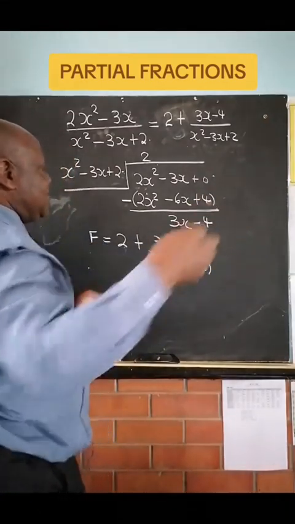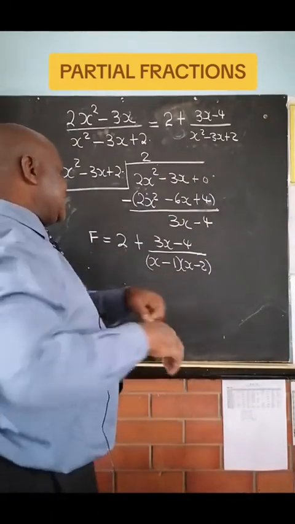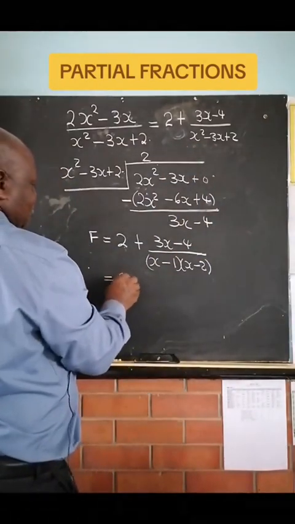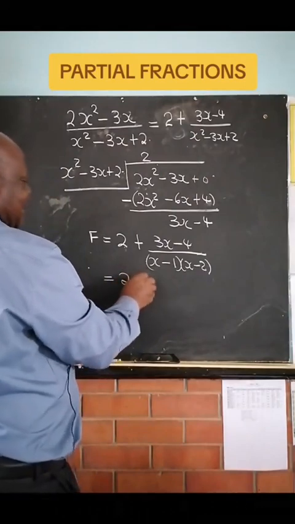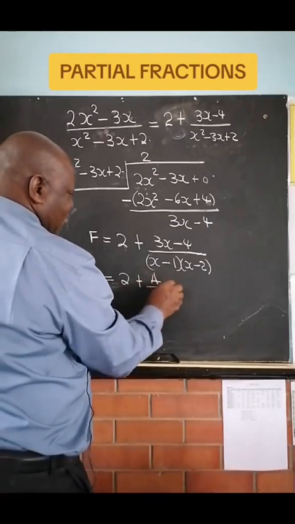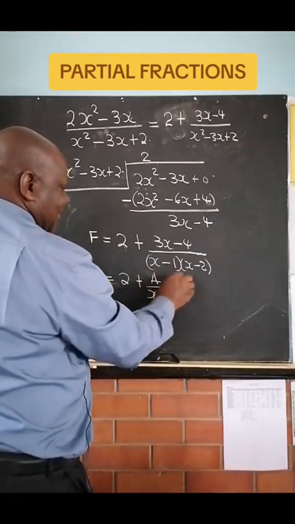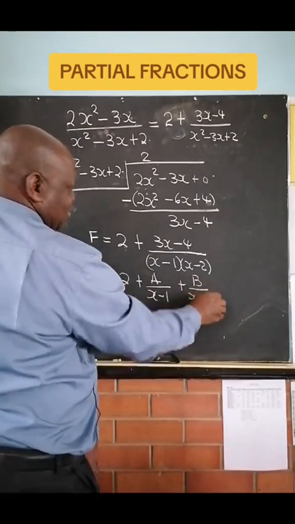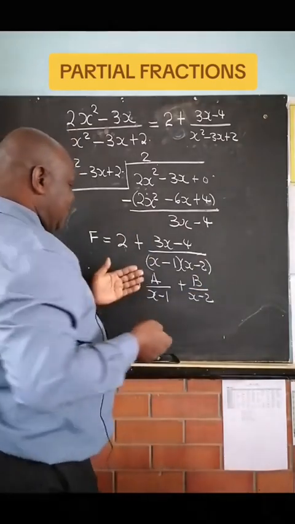By inspection, these are the factors of that. Now, this is equal to 2 plus, now this one can be expressed as A over x minus 1 plus B over x minus 2. So you can now proceed.